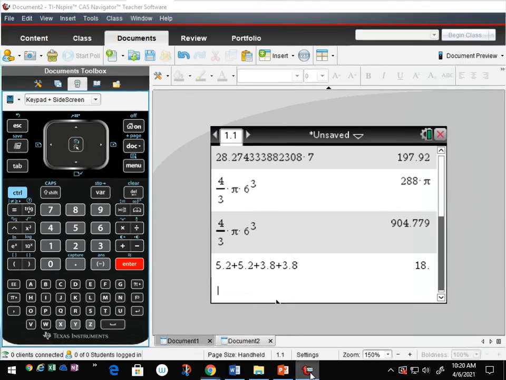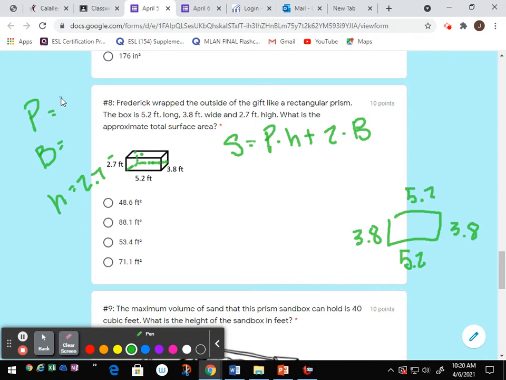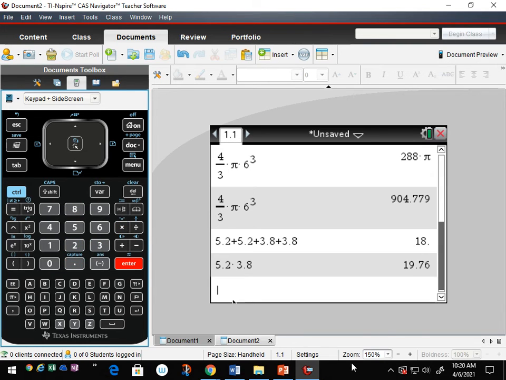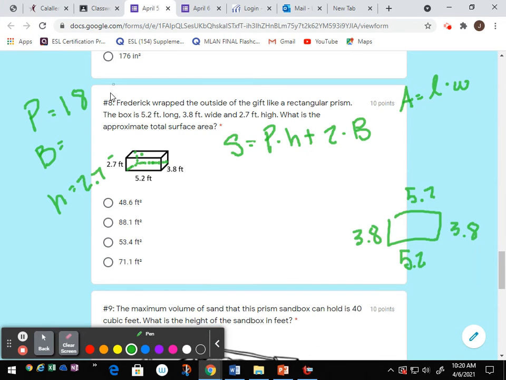We get 18. So the perimeter is 18. And the area of the base: the area of a rectangle is length times width, so we're doing 5.2 times 3.8, which is equal to 19.76.